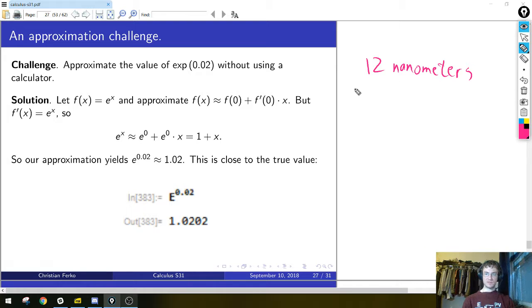But if someone else came along and said this is 0.000000012 meters, this is 10 to the minus 9. So let's see, 1, 2, 3, 4, 5, 6, 7, 8, 9. Ah, one too many. Anyway, you see what I'm getting at.